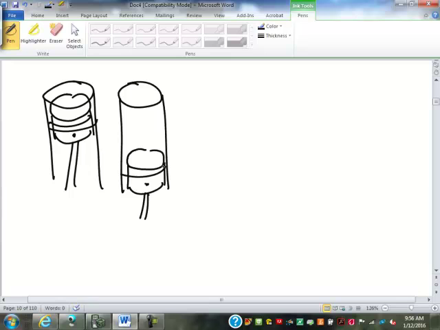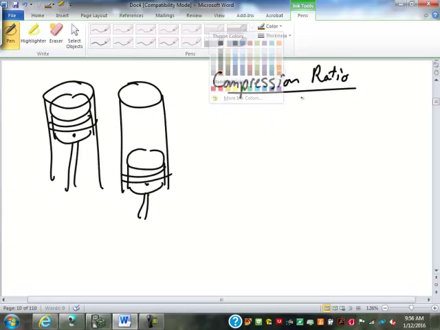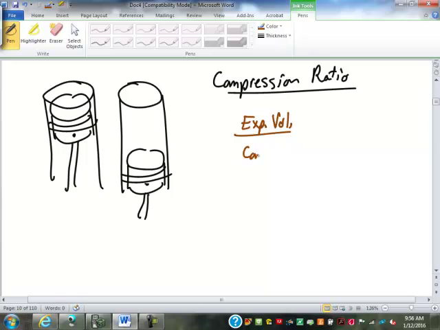Pistons, very good. We're looking at a compression ratio. Actually, it's the same cylinder, just 2 different points in time. Compression ratio is the expanded volume compared to the compressed volume.